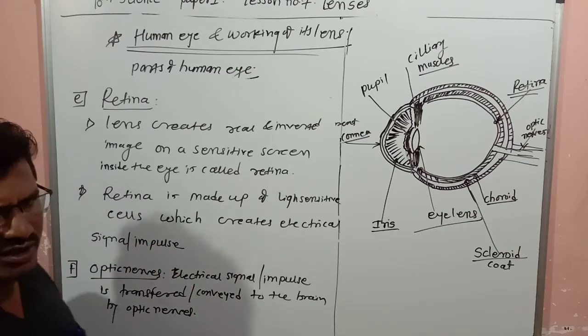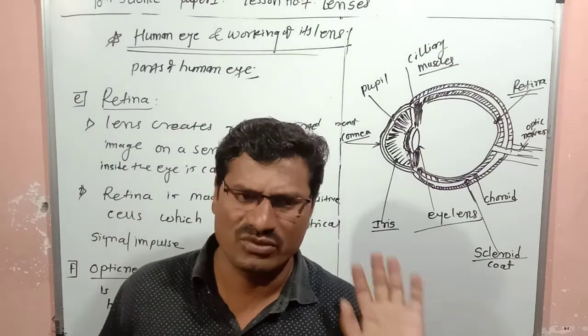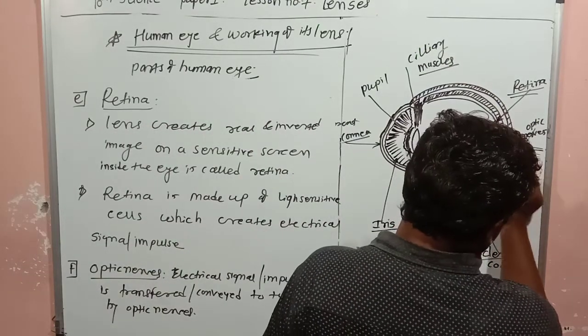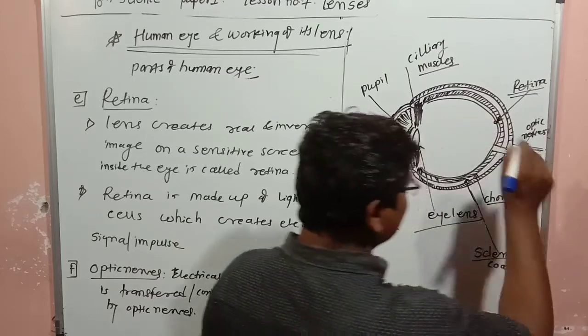Optic nerves are carrying that electrical signal or impulse to the brain.